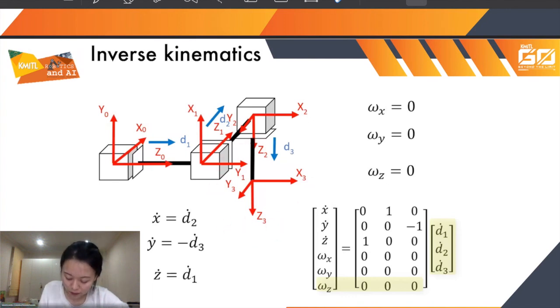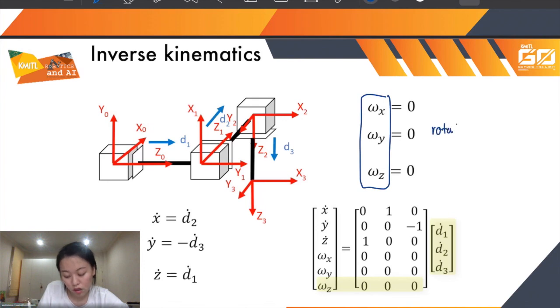As you can see, D1, D2 and D3 are along the z-axis, so it will have only the prismatic joint. And you will have the omega x, y, z equal to 0, because the rotational velocity is equal to 0, as it has only the linear velocity.